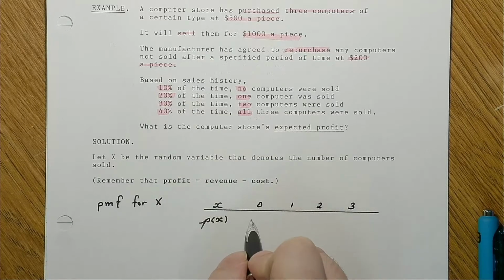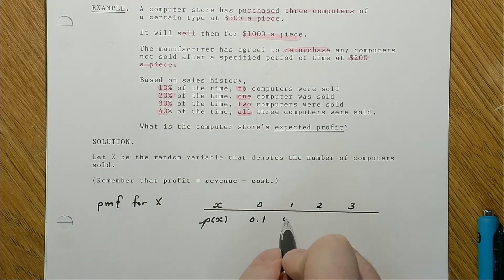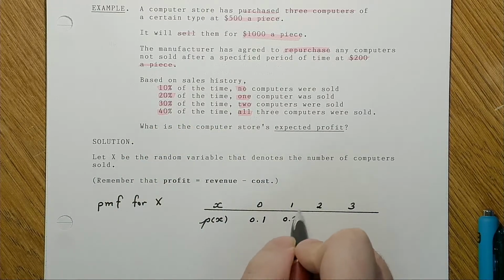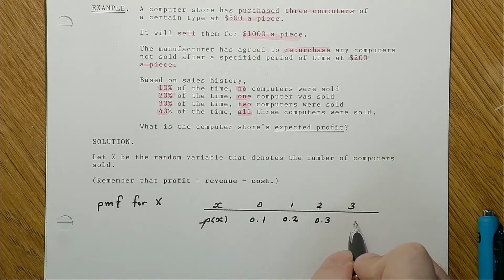There's a 0.1 probability that they sell none. There's going to be a 0.2 probability that they sell 1. There's a 0.3 probability that they sell 2. And lastly, they sell all 3 computers with a probability of 0.4. So there's our probability mass function.